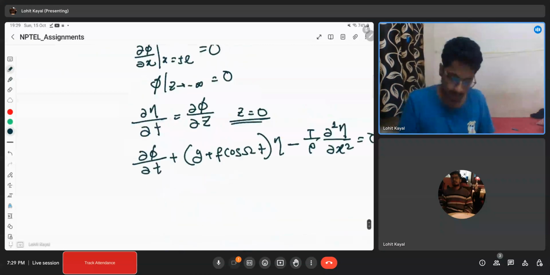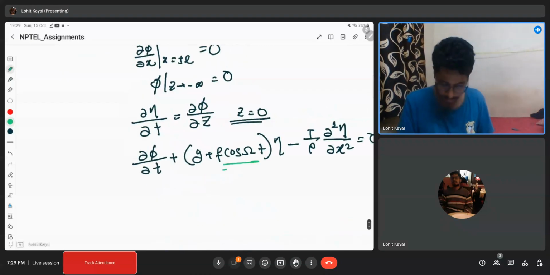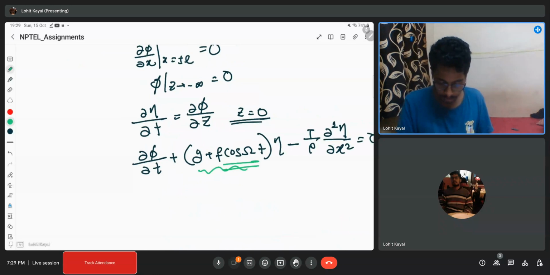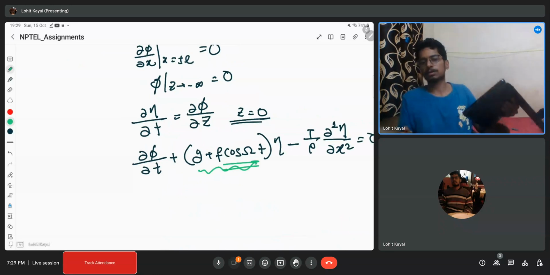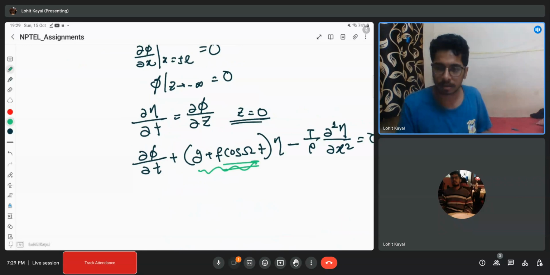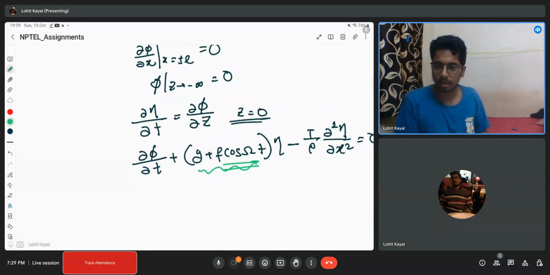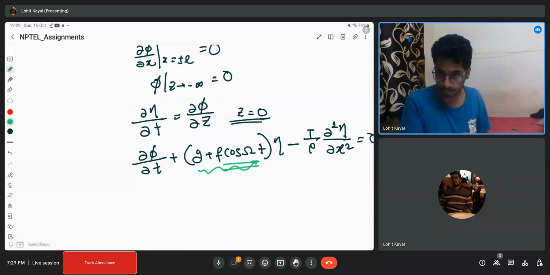We have derived this equation except this term. So here you can treat that your gravity is changing. Gravity is a time dependent function, because the oscillation that we are providing on the container is actually a body force, right? It is modifying your gravity.